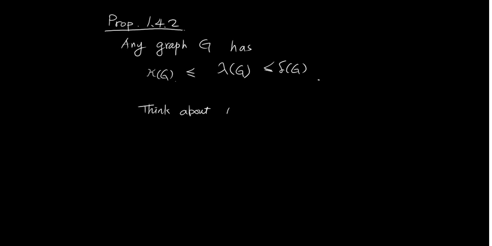So think about why it is true. If necessary, you can go to the textbook and check out the proof. But I think it is more important to give you an example where all the parameters are different.